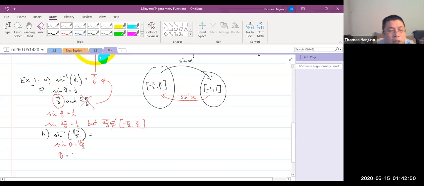The first one is pi over 3, and the other one is 2 pi over 3 in quadrant 2. But again, if you go back to the restricted interval, you know the answer should be pi over 3.